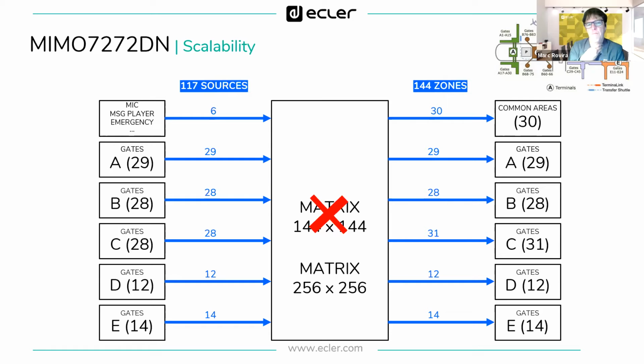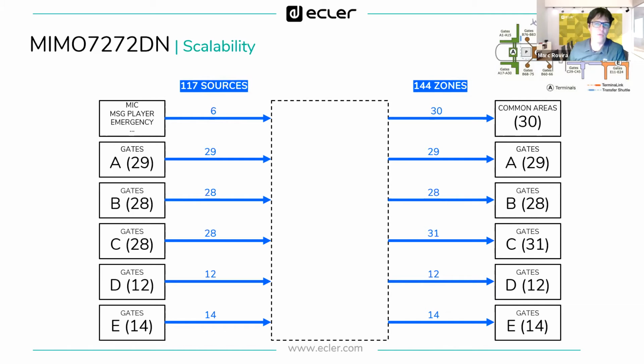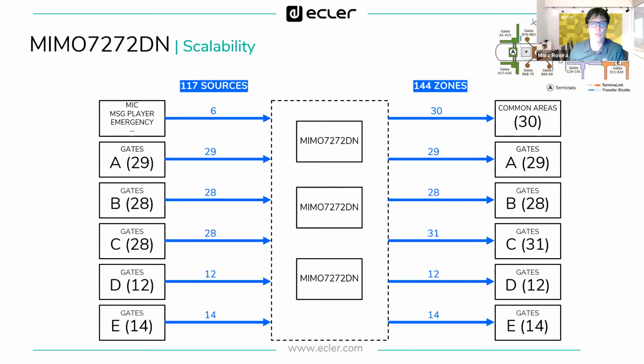Okay. Can we make it the other way around? Yes, because we don't want all the sources to be routed to all the zones. So here we've got these gates that have to be routed to these gates. The same in these cases.